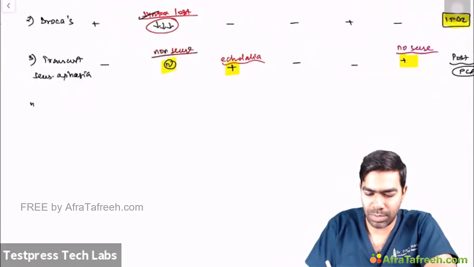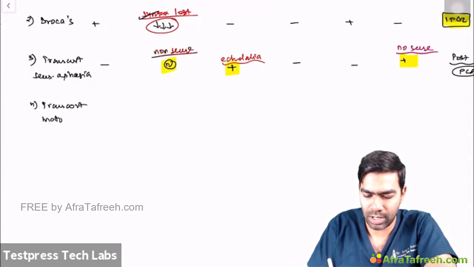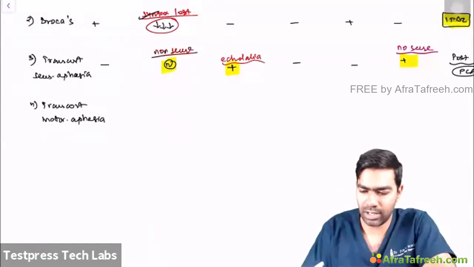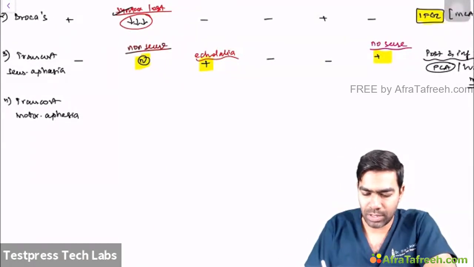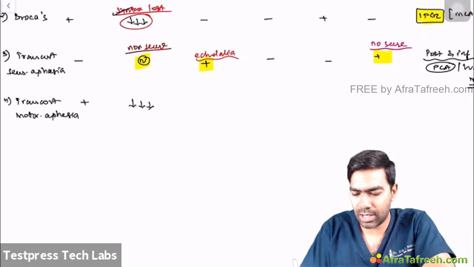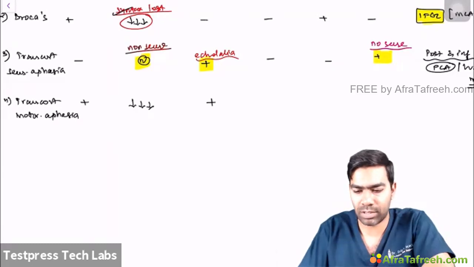Then the next one, which will be much easier for you to understand, is transcortical motor. So I'm not going to show it now; you are going to tell me the features. It's the higher area on the other side, on the Broca's side. So the comprehension will be there, and fluency will be seriously impaired because it's an expressive area. The repetition will still be there because it's a transcortical area.